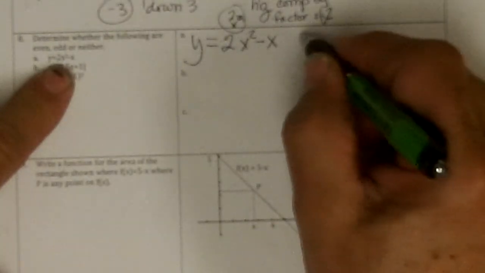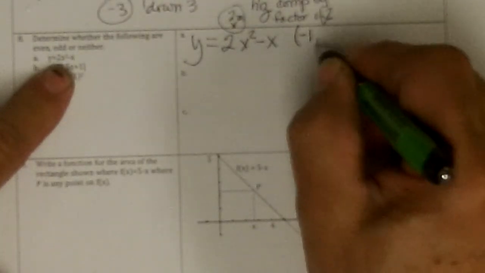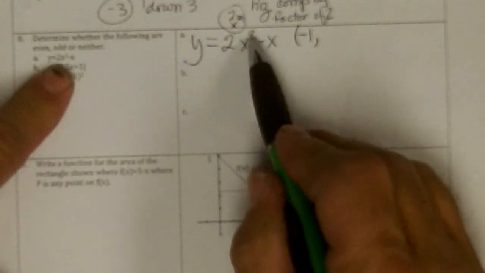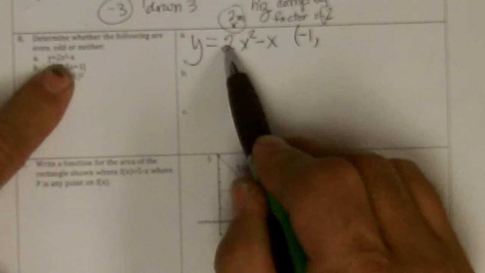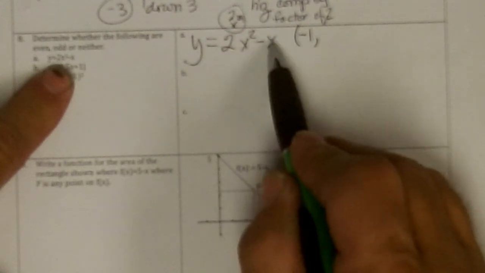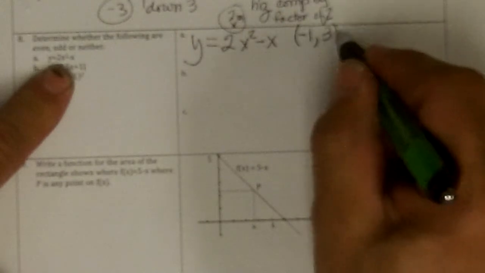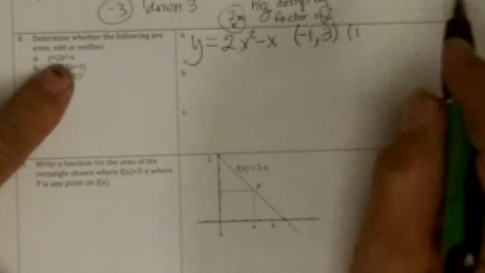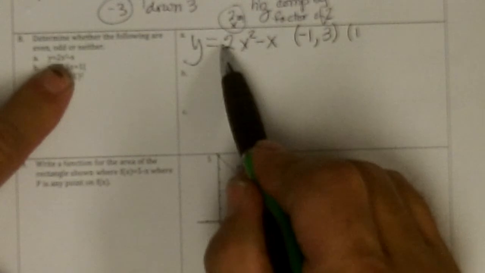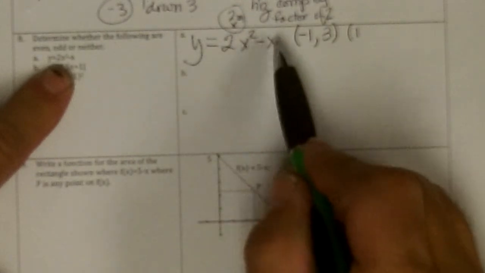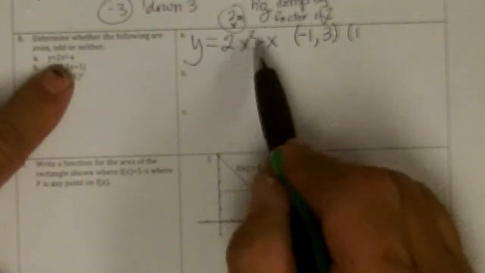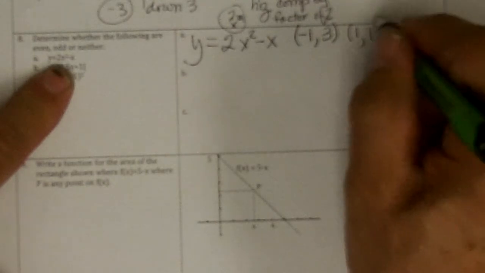So I'll put in -1 and see what I get. -1 squared is 1, times 2 is 2, minus a -1, which would be 3. Now I'll put the opposite of that in, 1. 1 squared is 1, times 2 is 2, minus a +1, so 2 minus 1 is 1.